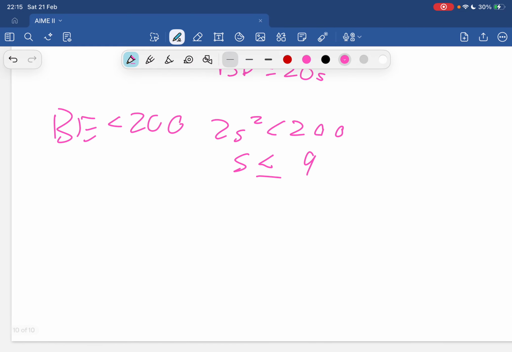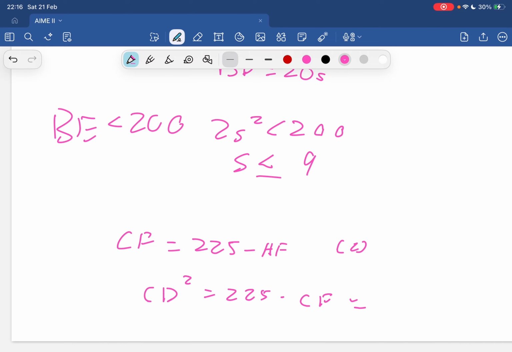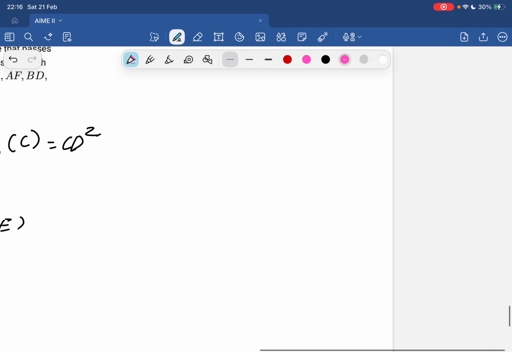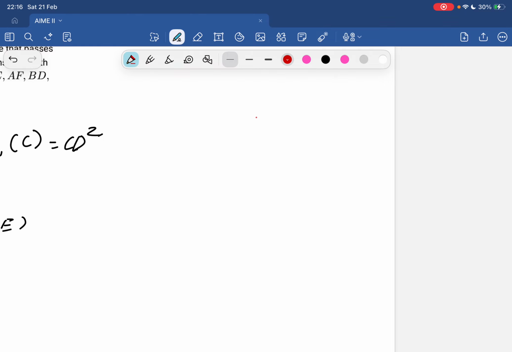Next, let CF equal 225 minus AF. From 2, CD squared equals 225 times CF, which equals 15 squared times CF. So CD is an integer if and only if CF is a perfect square.